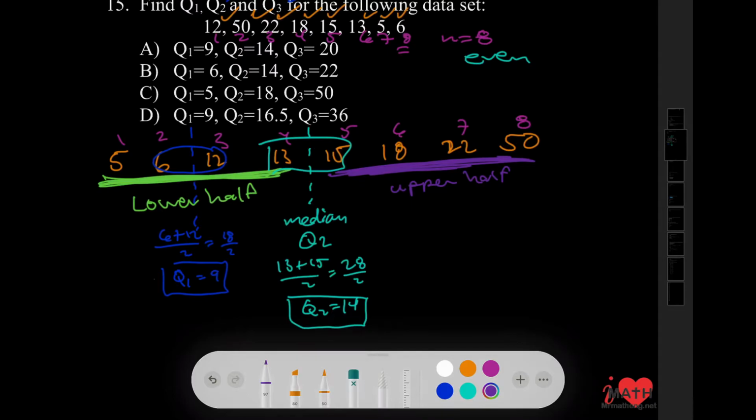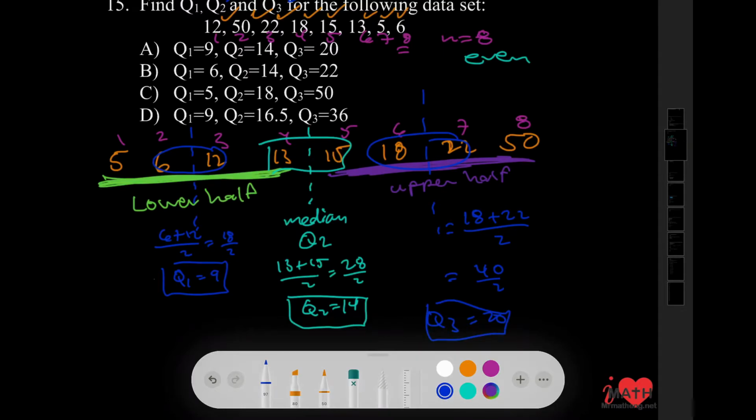Now we need to find the median of the numbers in purple. So there's my median, and I have to add those 2 numbers, 18 plus 22, finding the average to get the median of the upper half. So 40 divided by 2, and this will give me a 20.